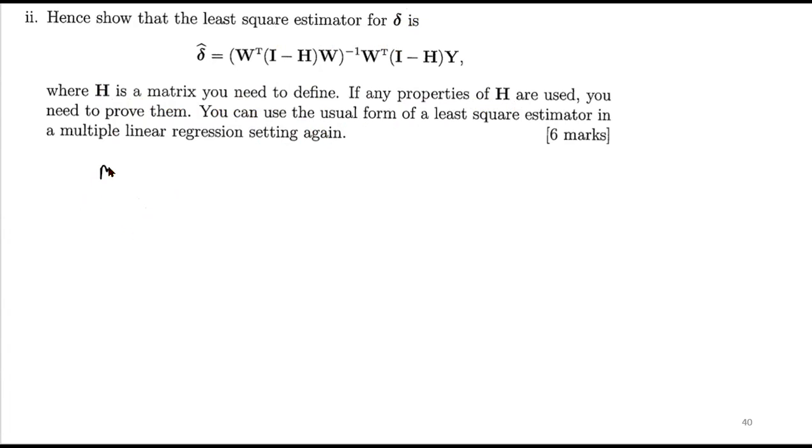So for this one, we want to minimize the argmin of RSS with respect to this delta here, where this beta hat is from part 1.